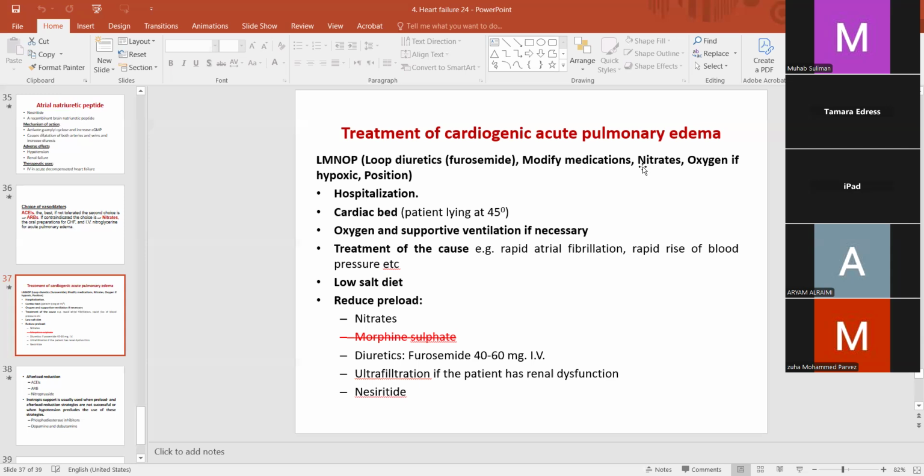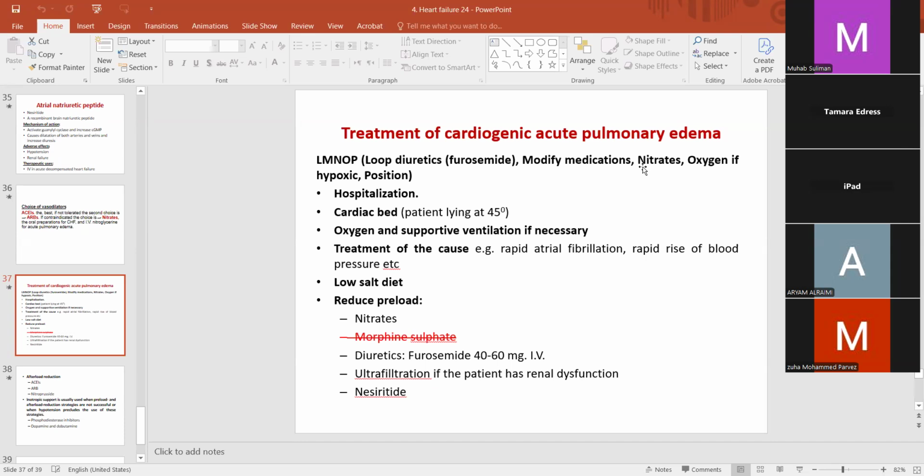We use diuretics to decrease the fluids in the body, and we have to modify the medication. We said the patient is likely on chronic heart failure medication, so we have to adjust it. The patient may stop some medication, or increase or take a high dose of some medication, so we have to modify the medication.